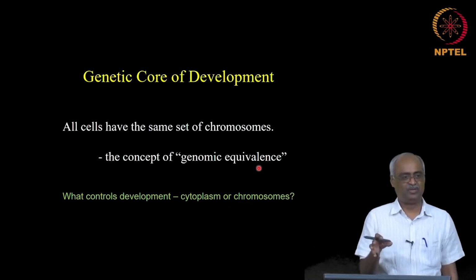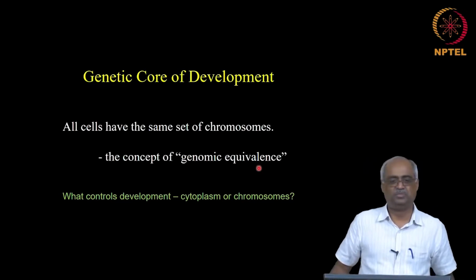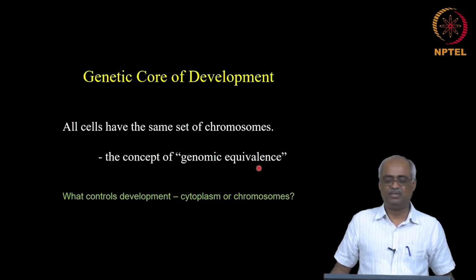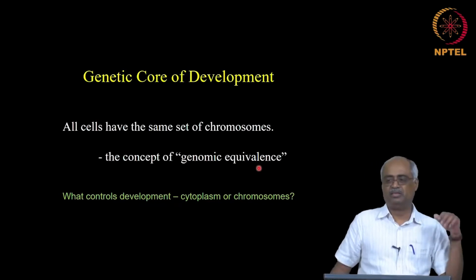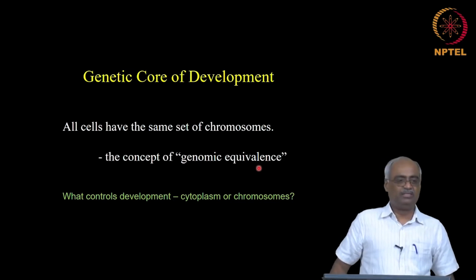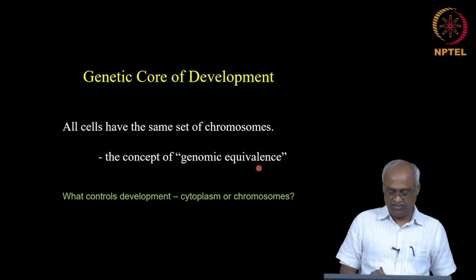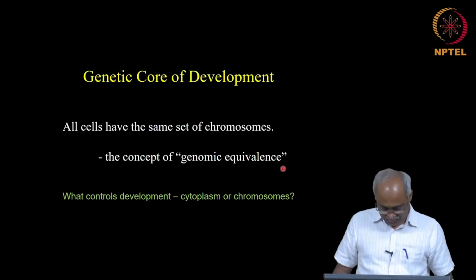Their genome undergoes rearrangement, that is what VDJ recombination is. So each B cell therefore has a genome that is different from another B cell, leave alone another somatic cell. So there are variations, but by and large most of the somatic cells in any organism have the same set of chromosomes, and that is what we call genomic equivalence.